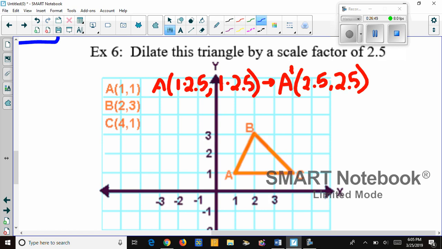For B, it's at 2, 3, but I need to multiply by 2.5. And I should end up with a new set of ordered pairs.